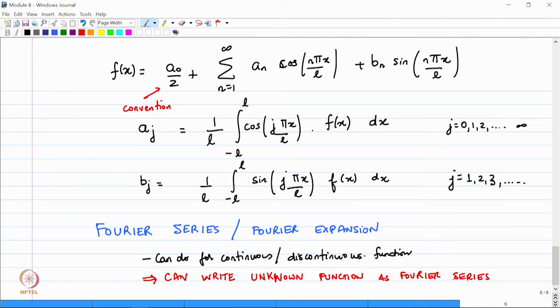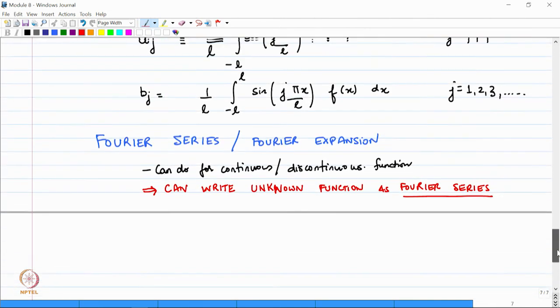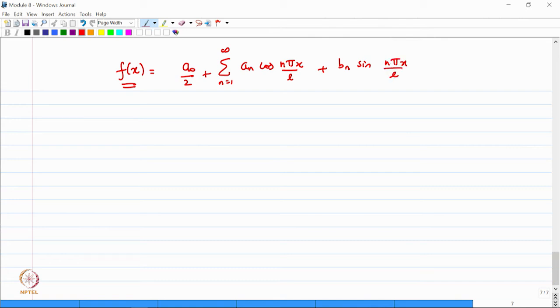So, what happens when you write your unknown function as a Fourier series? You had f of x, an unknown function, and now you write it as a 0 plus sum over n equal to 1 to infinity a n cosine of n pi x by L plus b n sin n pi x by L.